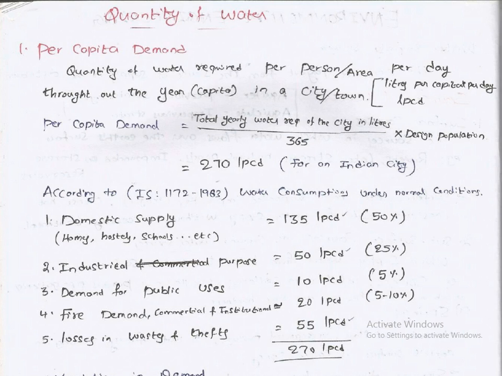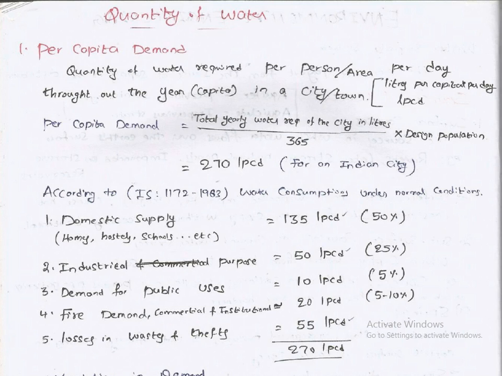According to IS 1172-1963, water consumption under normal conditions: domestic supply 135 LCPD, 50%, for homes, hostels, schools, etc. Industrial purpose 50 LCPD, 25%. Demand for public use 10 LCPD, 5%. Fire demand and commercial institutional 20 LCPD.